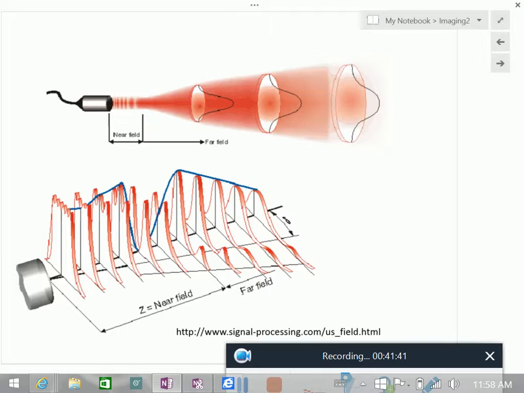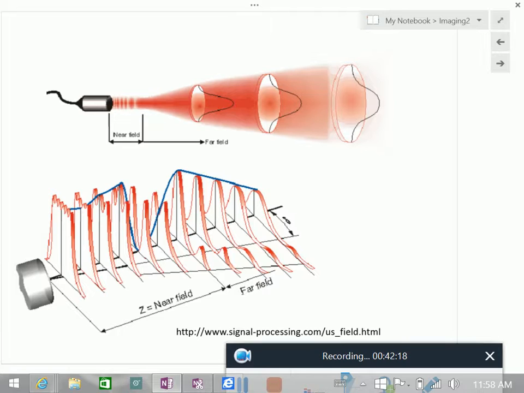Now, near the transducer, every single point on the surface is generating a pulse. And since the surface is big, these pulses have a destructive and constructive pattern. In the near field, that leads to a chaotic situation where there is a lot of fluctuation in the intensity.